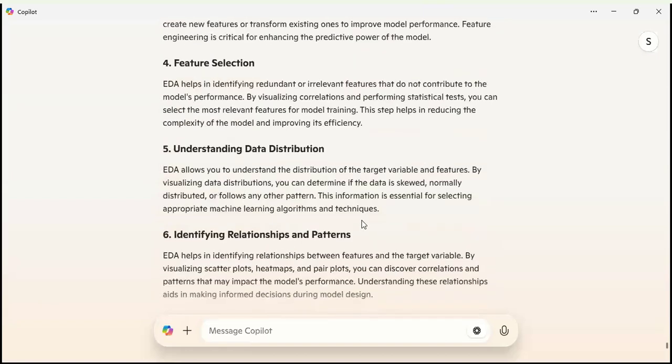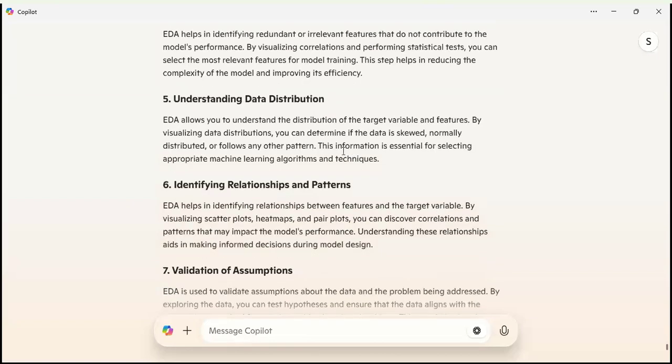So finally, understanding data distribution is there. EDA allows us to understand the distribution of the target variable and features by visualizing data distributions. You can determine if the data is skewed, normally distributed, or follows any other pattern. This information is essential for selecting appropriate machine learning algorithms and techniques.